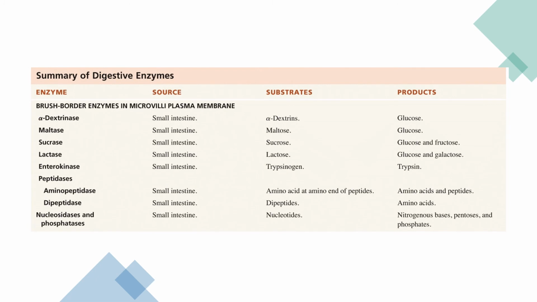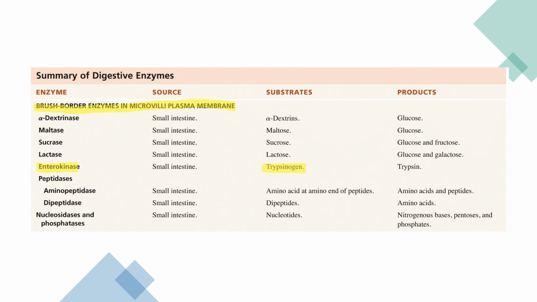Now here we have those brush border enzymes in the microvilli, in the plasma membrane of the small intestine. So here we can see that enterokinase that I just mentioned. This is made by the microvilli of the small intestine, and it's going to activate trypsinogen. Remember, trypsinogen is secreted by the pancreas in its inactive form.